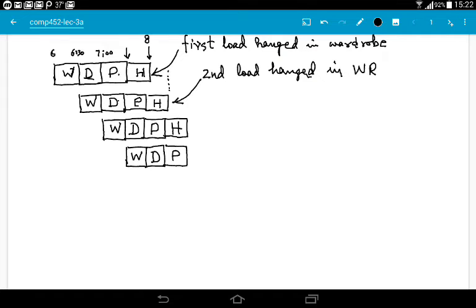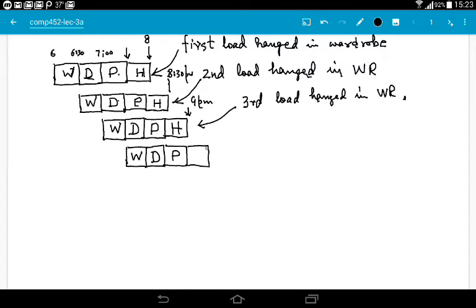Alright? Clear? So now you can see that this is 9 p.m., this was 8:30 p.m. At 9 p.m., the third load is hanged in wardrobe.